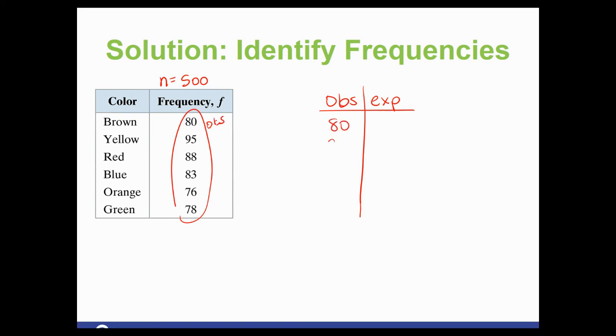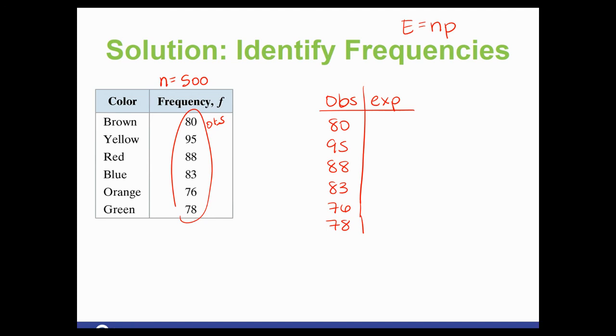So we've got 80, 95, 88, 83, 76, and 78. Those are our observed values. Now, typically with expected, we use N times P, so your sample size times each percent, but we weren't given any percents on this one. We don't know the division between the different colors, but instead they give you the word uniform.